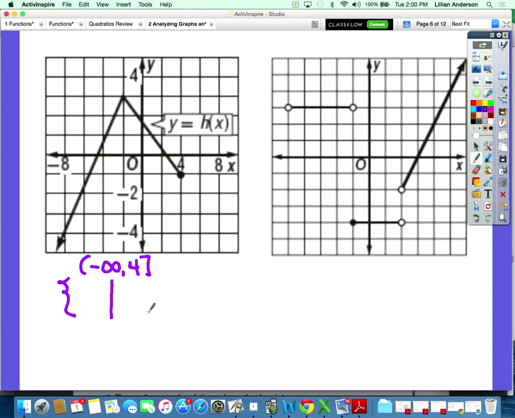There's something that goes right here. Alexis? X is less than 4. Very good. X is less than or equal to 4. It's all of my values that are less than 4. And since it's a bracket, it's equal to. What goes in front of the such that? And x is an element of what numbers? Real. There's my domain.